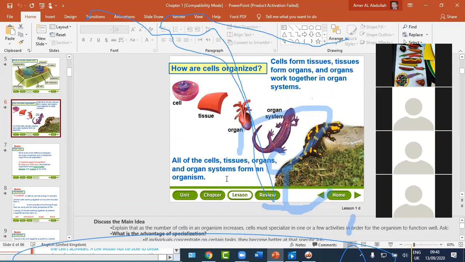Cells join with other cells to form tissue. Tissues work together to form an organ. Organs and other organs form an organ system.